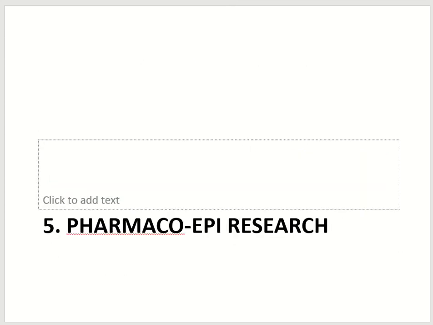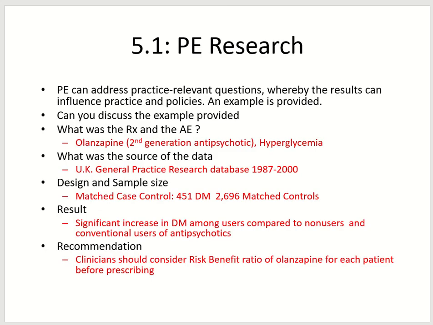And that takes us to section 5, which is pharmacoepidemiological research. Pharmacoepidemiology can address practice-relevant questions whereby the results can influence practice and policies. An example is provided. So here's an example where the drug in question was olanzapine, the second-generation antipsychotic, and the outcome or the adverse event was hyperglycemia.